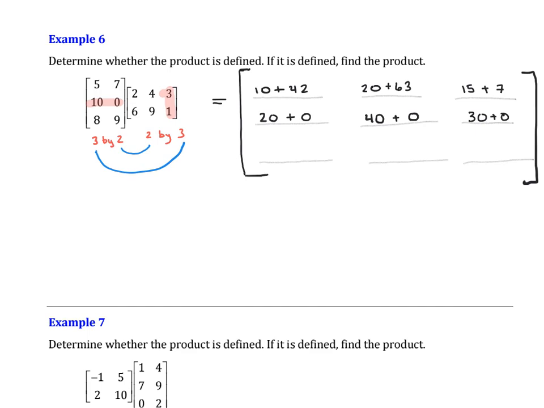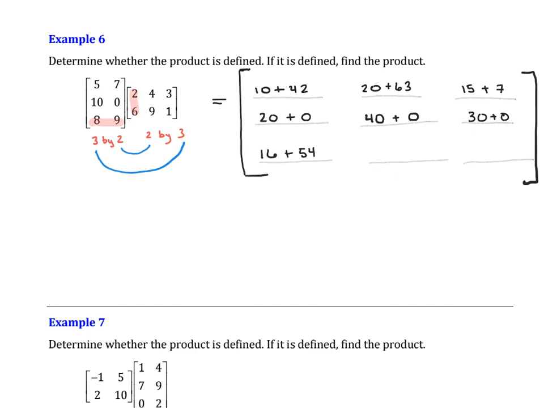Now let's move to the third row. Third row, first column will give us 8 times 2, 9 times 6, add them. Now let's move to the third row, second column.